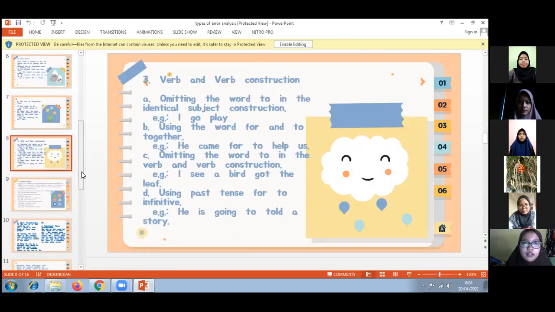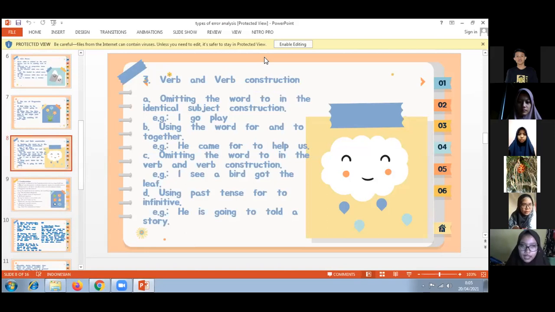And the last, verb and verb construction. The first one is omitting the word to in the identical subject construction. For example, I go play. And using the words for and to together. For example, he came for to help us. And the third, omitting the word to in the verb and verb construction.